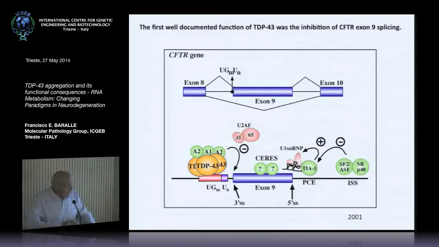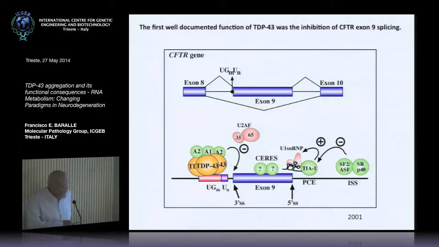As you all know, the first function of TDP-43, the one that was well documented well before it became a famous protein, was its function in exon 9 of CFTR.